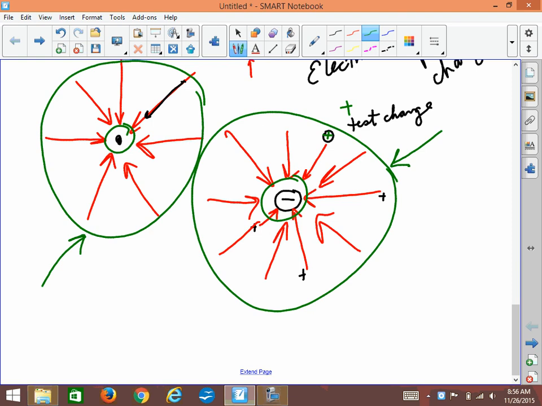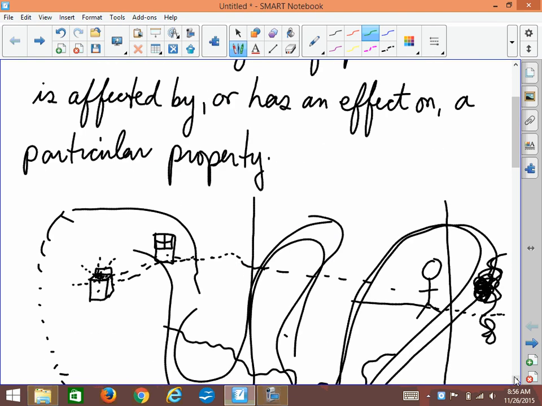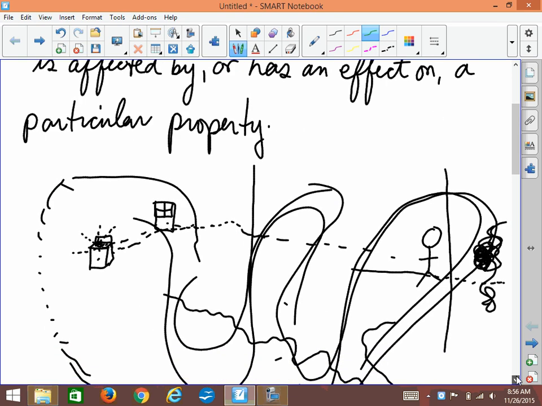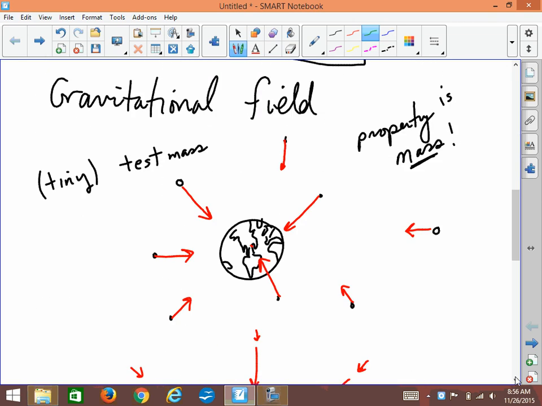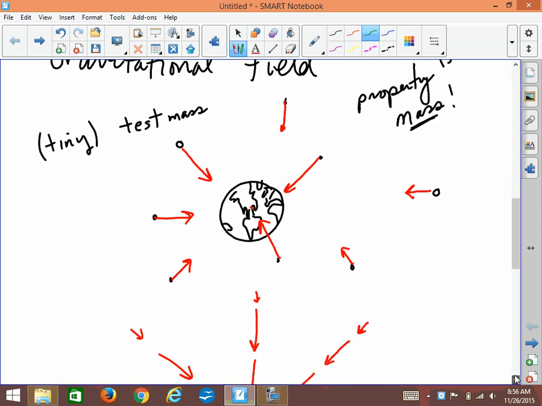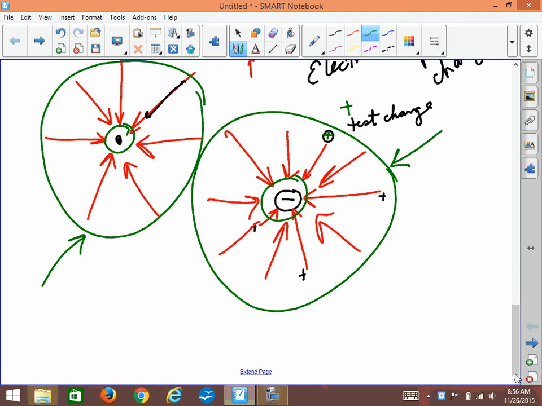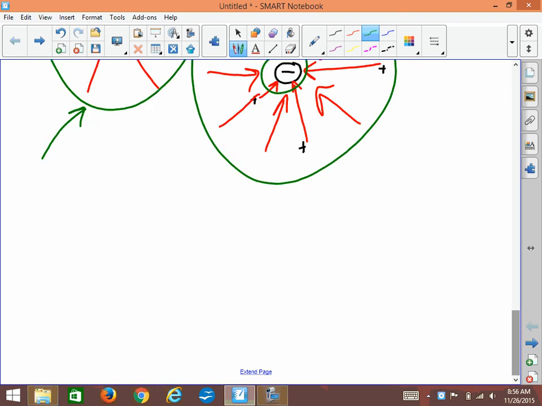So now it would be interesting to try to figure out if we can mathematically describe this field, right? So what we do is we're going to go back to our friend gravity, and that picture made sense at one point. We're going to go back to, if we get the smart board to cooperate, there we go. We're going to go back to our force of gravity, and we're going to look at the force of gravity equation that we already know about, thanks to Isaac Newton, G m1 m2 over r squared.